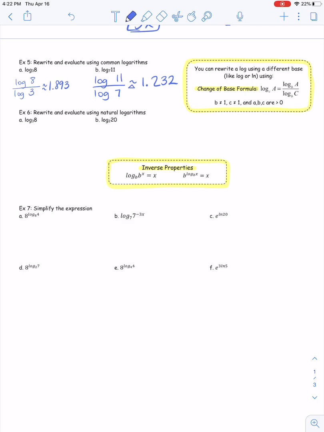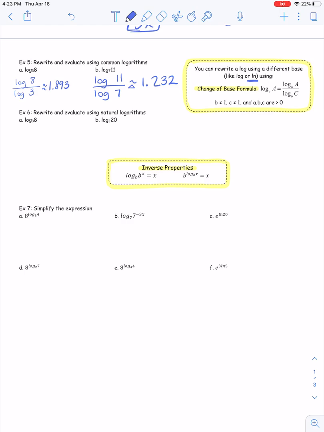And lucky for us, it is the same thing for using the natural log as well. Using a log, any log is going to have a common base of 10. Any natural log is going to have a common base of e. So rewriting it into a natural logarithm is going to use the same process.